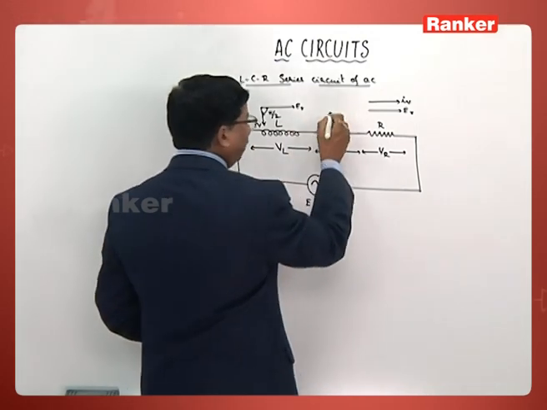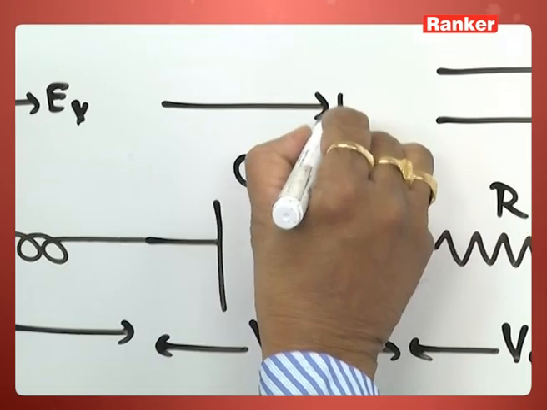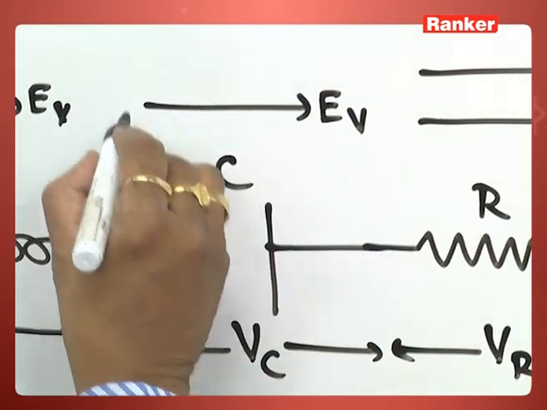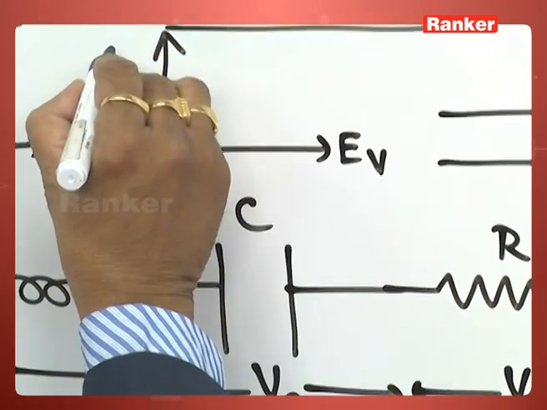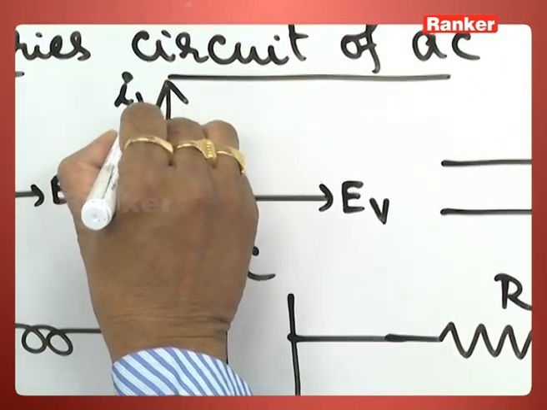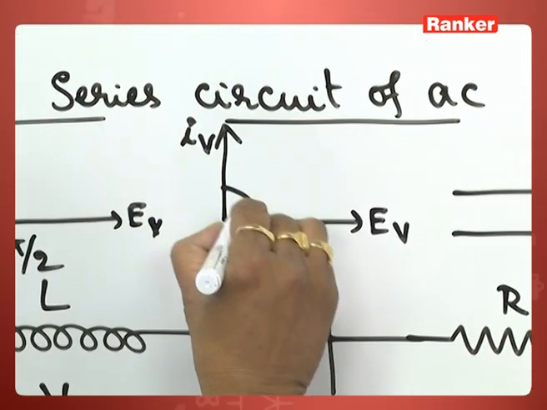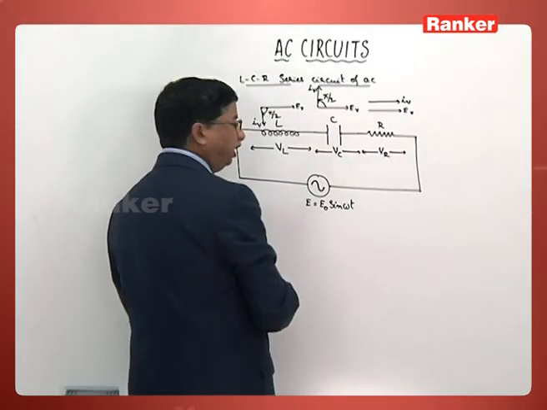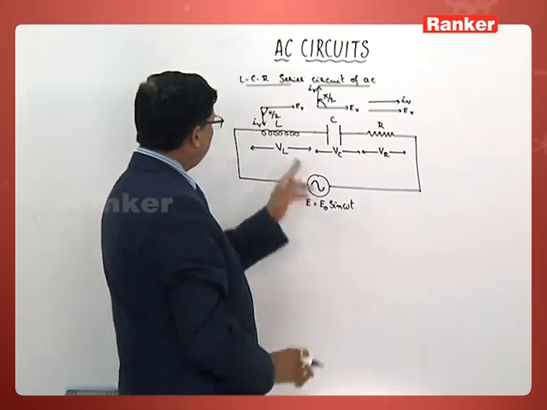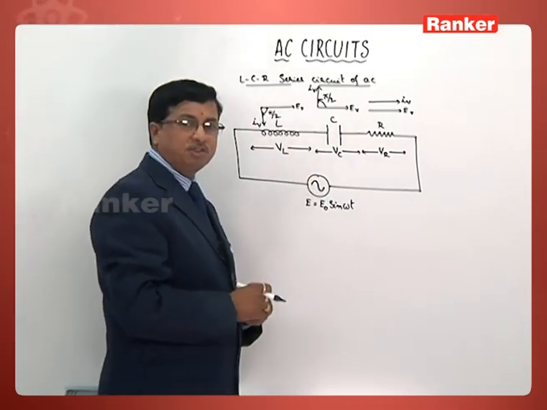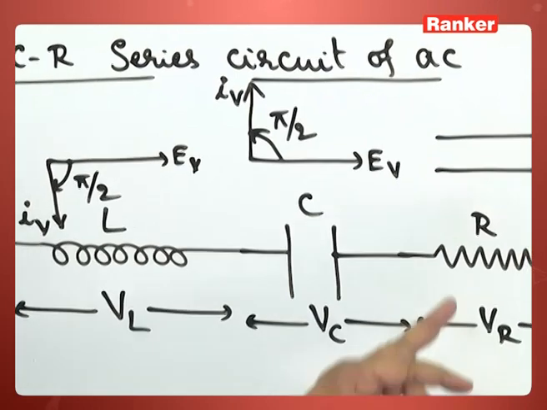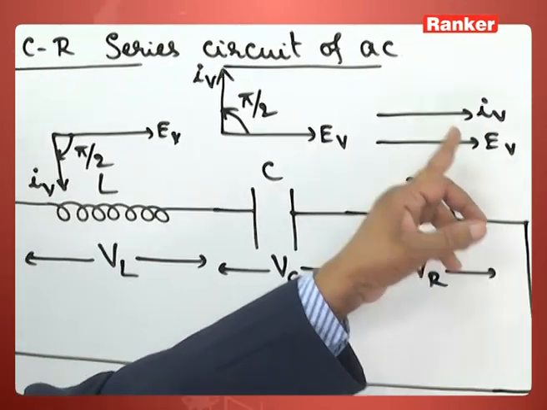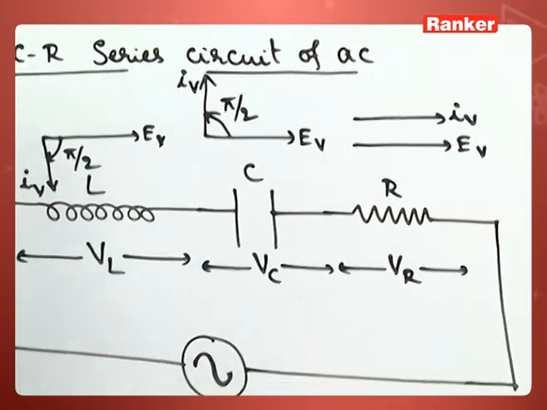If you take the third one, if this is the direction of virtual value of EMF, this will be the direction of virtual value of current, which now leads this EMF by pi by 2 radian. So all the three entities we are observing here. In the case of resistance, EV and IV are in the same phase.